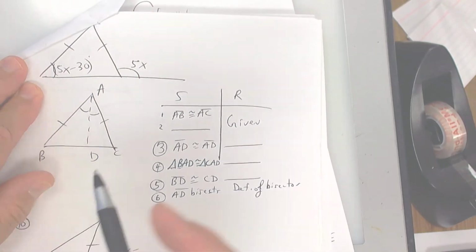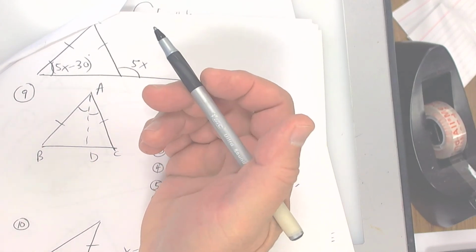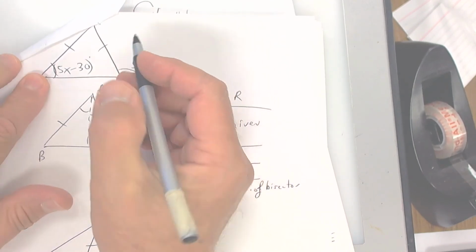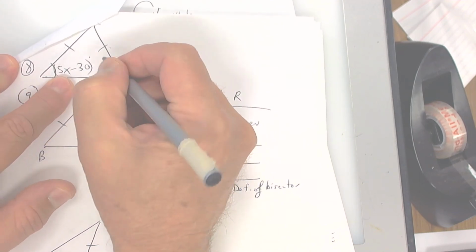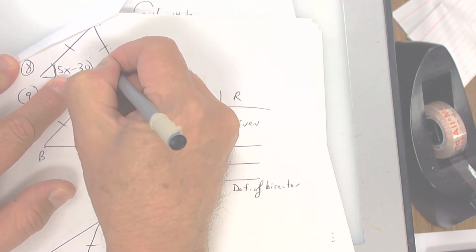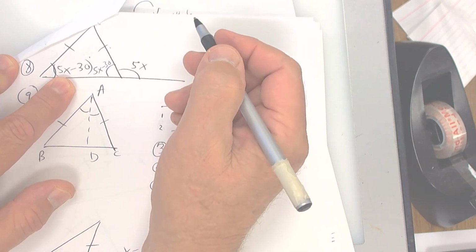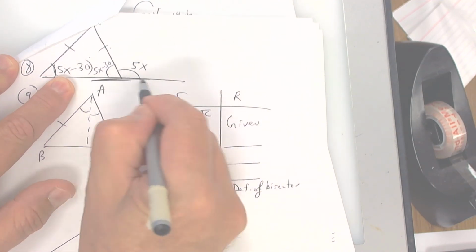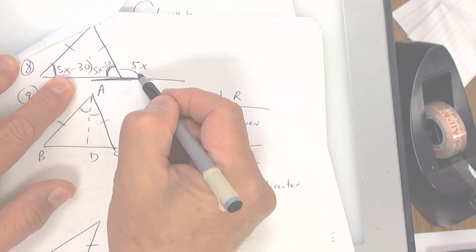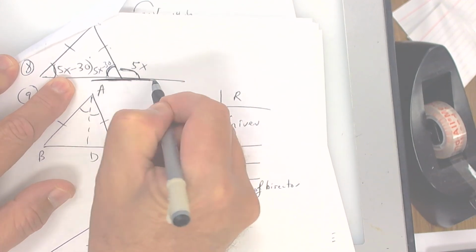This is an isosceles triangle. Okay, I guess this is number 8. So it's an isosceles triangle, so this one is the same. The bases are equal, so put 5x minus 30 right here. Okay? Now this is a straight line. So if you add up this plus this, it should equal 180, which is a straight line.